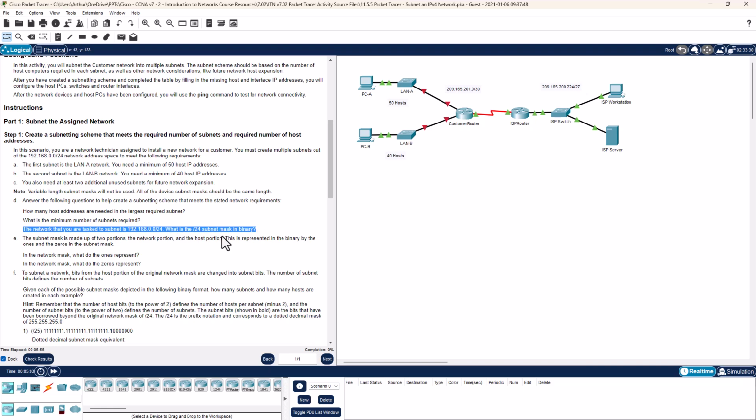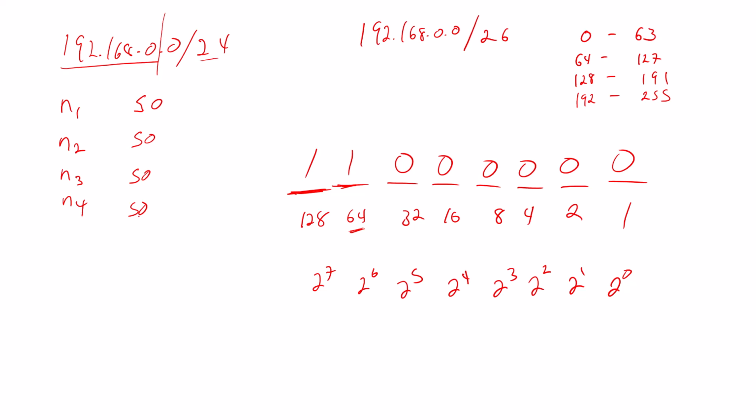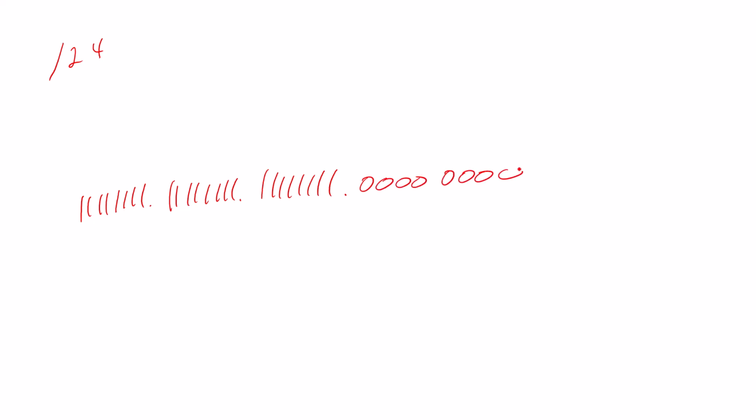What is /24 subnet in binary? /24 means 24 ones. 1, 2, 3, 4, 5, 6, 7, 8, three times. 32 bits, because that's how large an IPv4 address is.